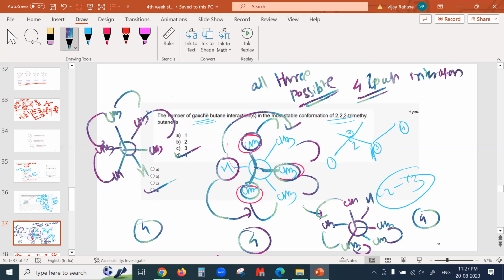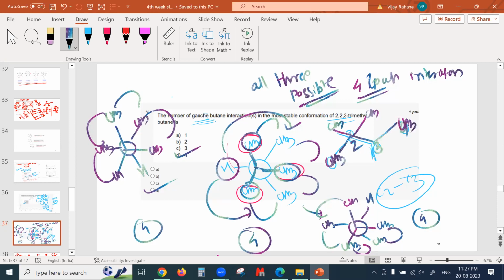We can see the methyl. Because it is 2,2-dimethyl, numbering 1, 2, 3, 4. Sorry, these are 2 methyl groups on this carbon atom, and one already in the chain.